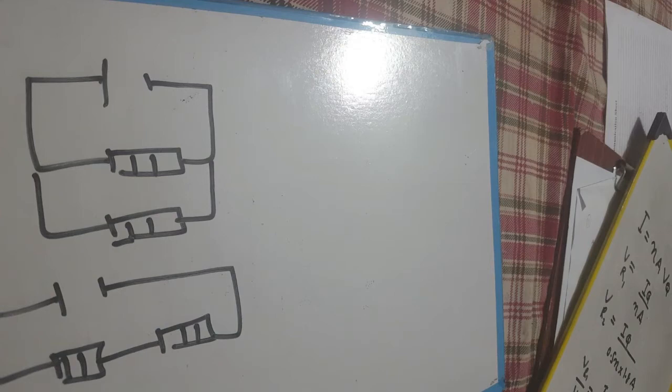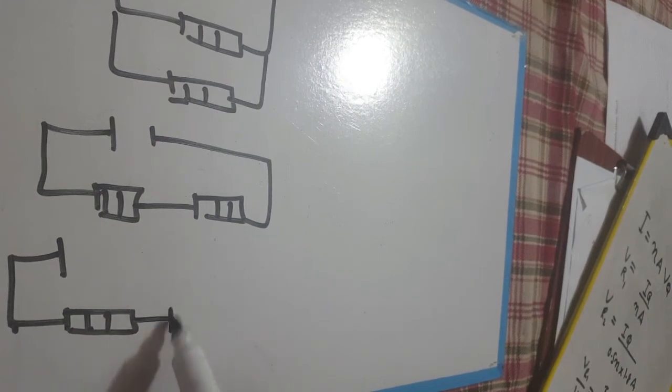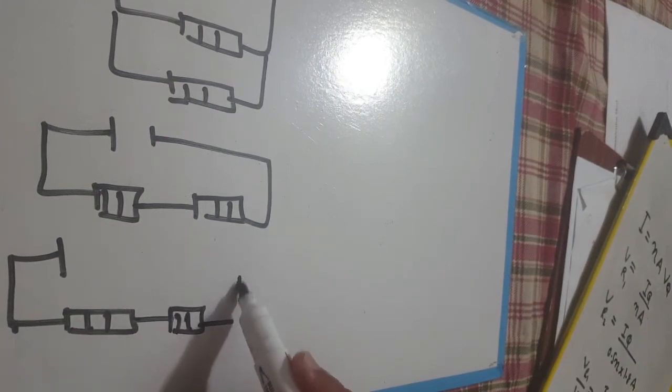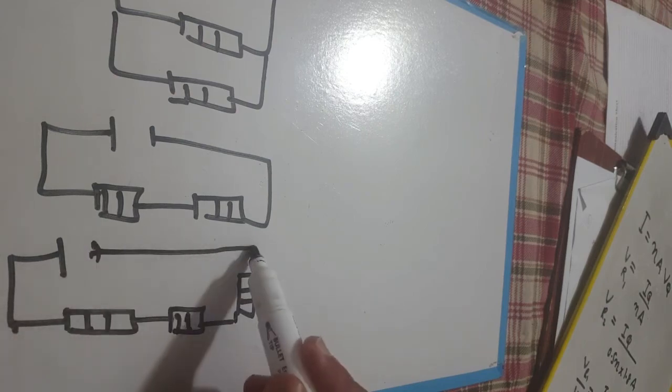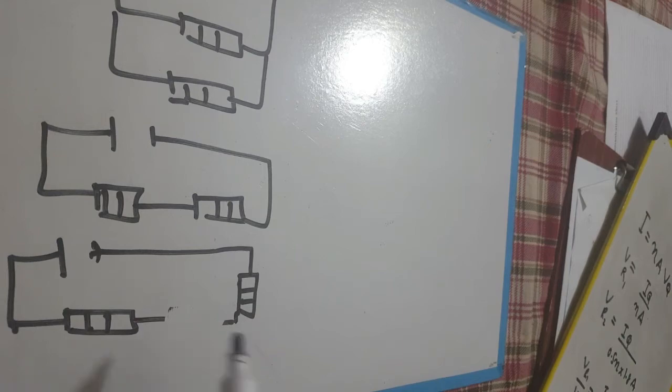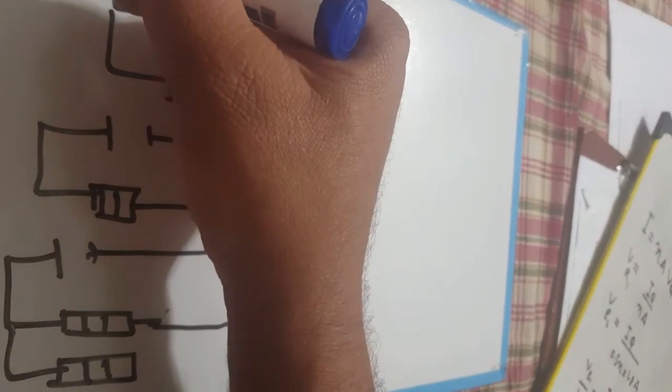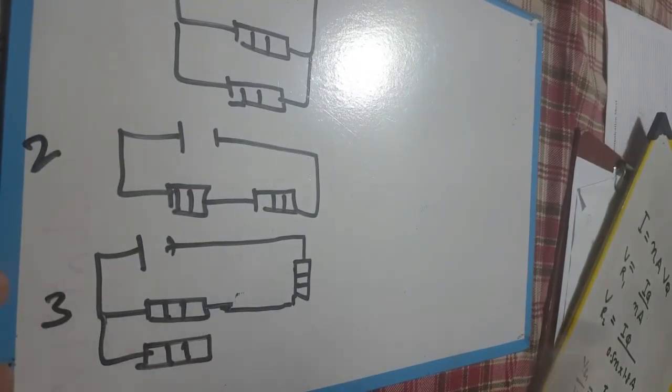Then we have two resistors in series plus in parallel. This is 1, 2, and 3.